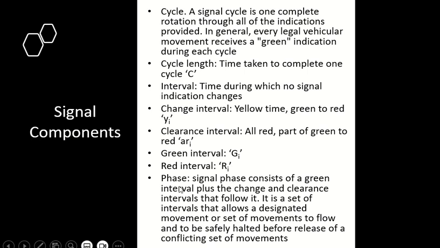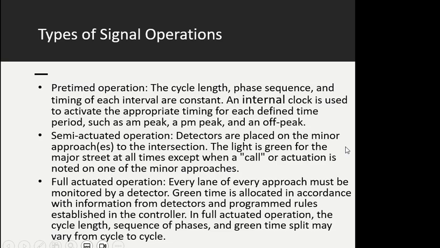Interval duration changes, phase changes. When phase changes, cycle changes. Okay, so in fully actuated signals, all these things can change. Fully actuated signals may change the order of the sequence of the movements as well.